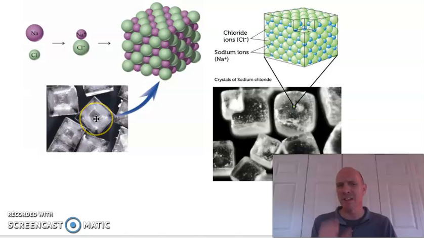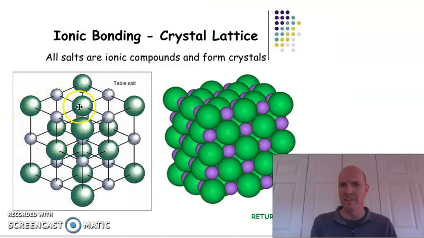This is table salt under a microscope, and if you were to go even further to see the ions, all these purple ones are sodium ions, green is chlorine ions, and you can see there's a pattern there. Here's another image, and here's one more, slightly different, but it's the same idea. You have a repeating pattern of these ions that make solids.